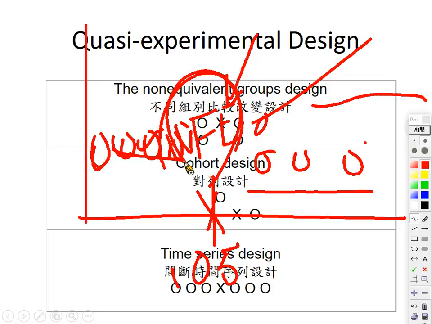So in quasi-experimental design, you have to establish a theoretical foundation for the causal effect relationship before you can put the X inside the design. So literature is very important, okay? Evidence is from the literature.